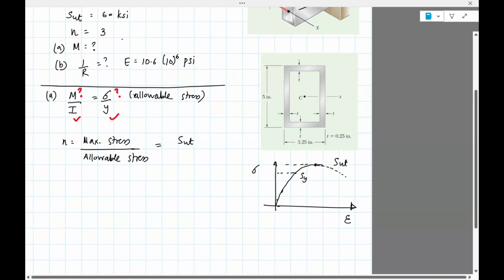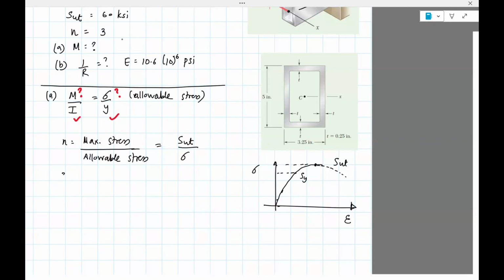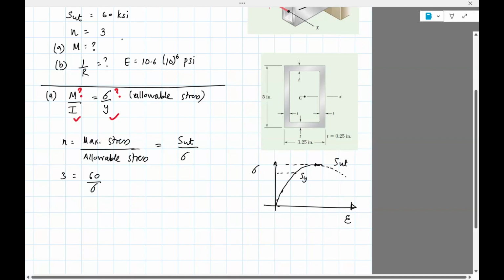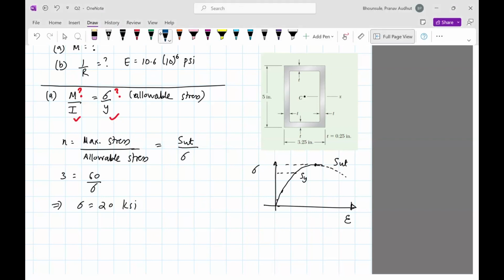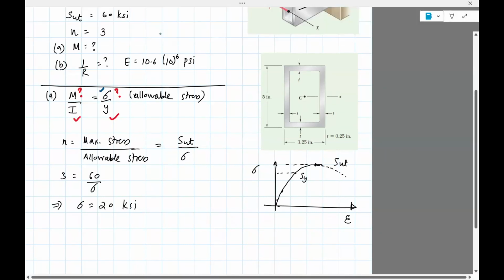So here, N is SUT divided by sigma. N is 3. SUT is 60 KSI. Sigma is unknown. From this expression, we can compute sigma. It's 20, same units as SUT, KSI. Yeah, so now it seems like we have sigma.